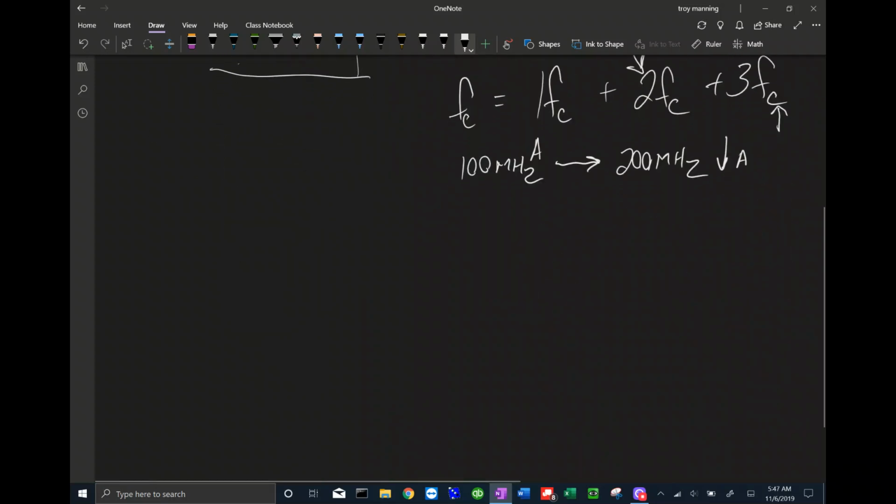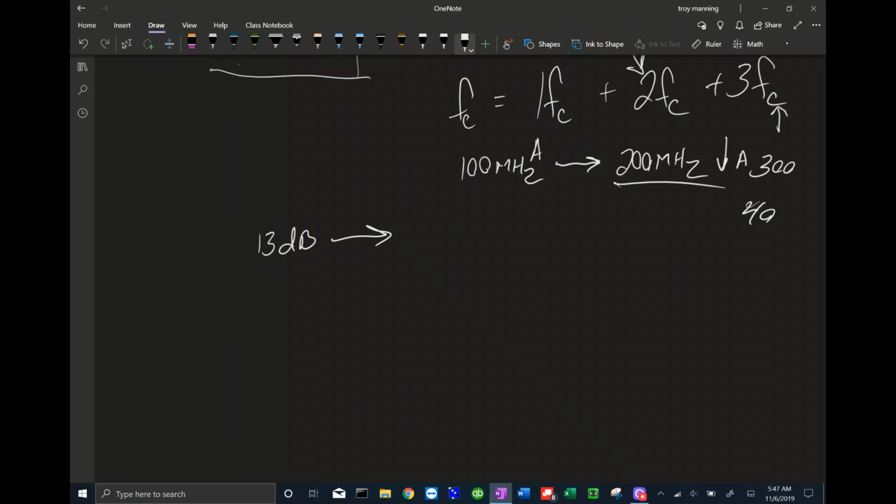In RF terms, when I put a transmitter on the air and say I have 13 dB of signal coming out of the transmitter, in order for us to stay legal with the FCC, any noise, any of these harmonics, 200, 300, 400, all of those have to be at an energy level that's minus 80 dB from the energy of our carrier.